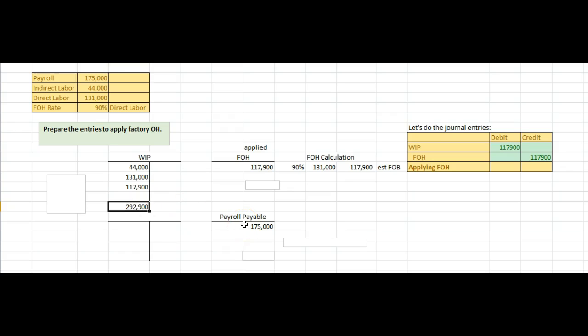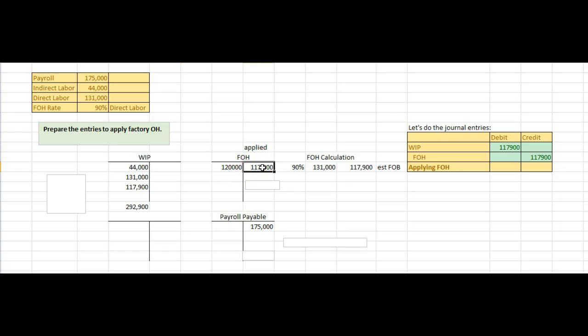Now, I may come back at the end of the month and find out the actual overhead was 120,000. So this is actual, which would be recorded, and then you would compare the two.